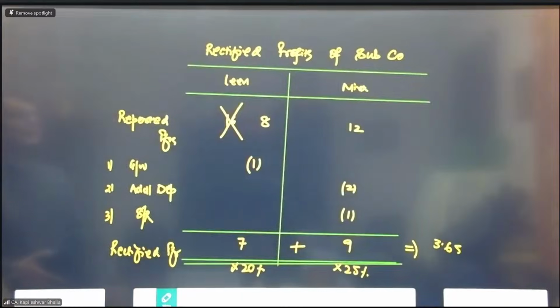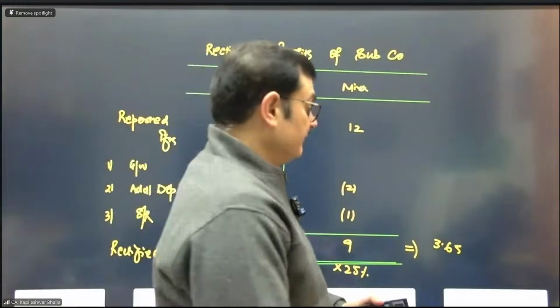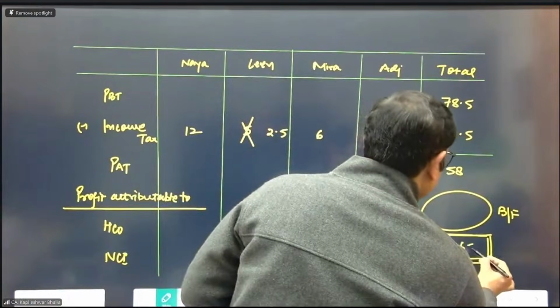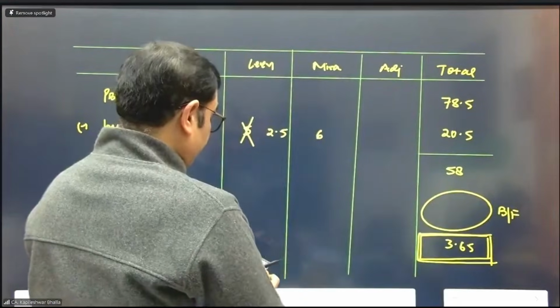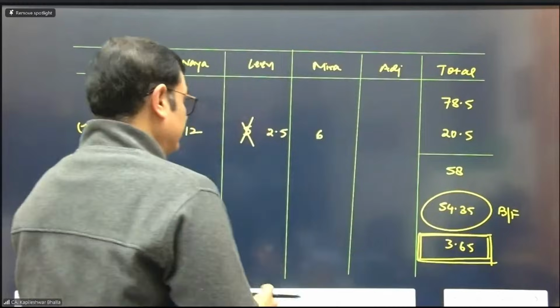So this gives me the NCI share of the rectified profits of the subsidiary companies, 3.65. This can be fitted out here, 3.65, and the balancing figure, 54.35, belongs to the parent company.